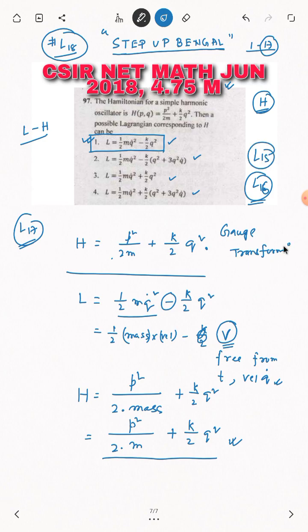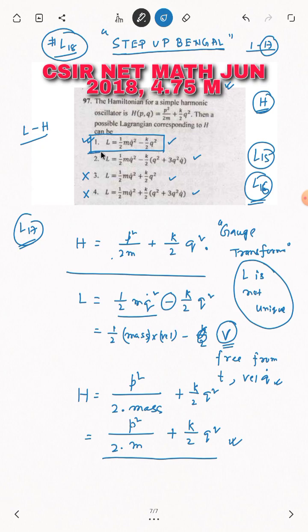What is gauge transformation? By gauge transformation, L is not unique. We have discovered L. So is this our L? No. So option number 3 is eliminated. If 3 is eliminated, look at the beauty. Option 4 has half m q dot square plus sign, but we should have minus sign, so this is also eliminated.